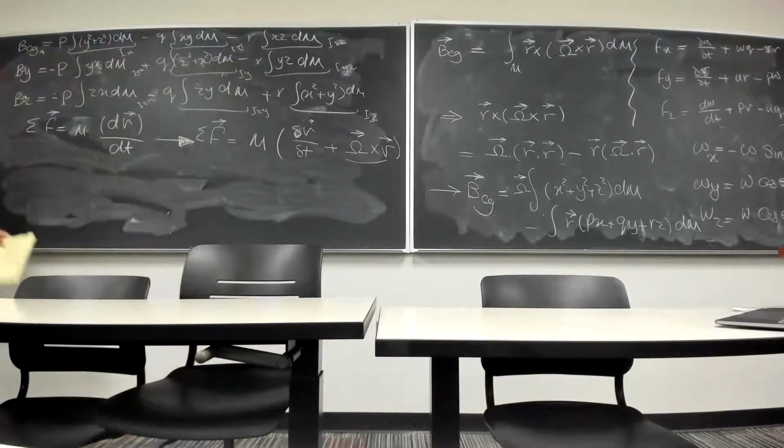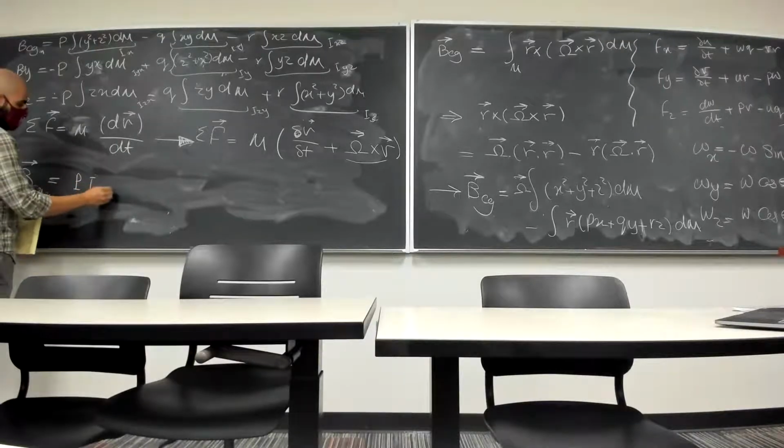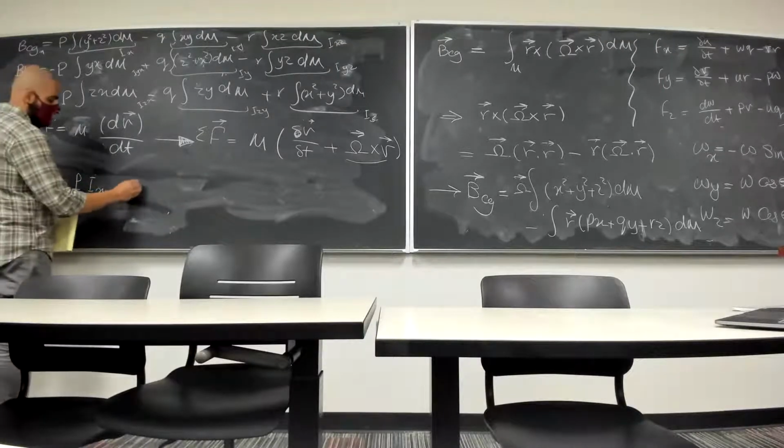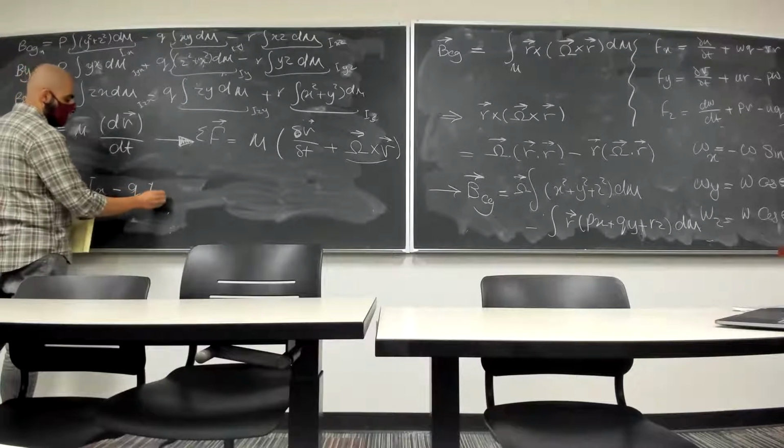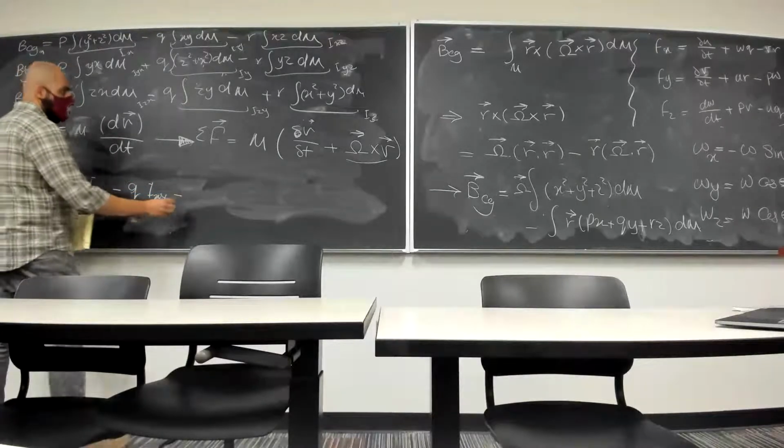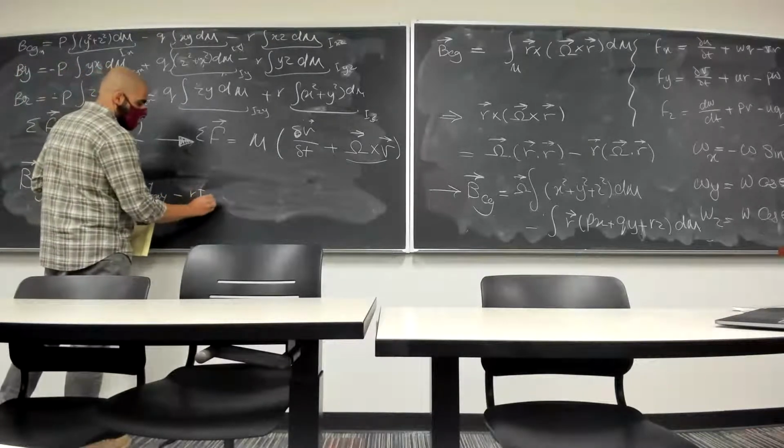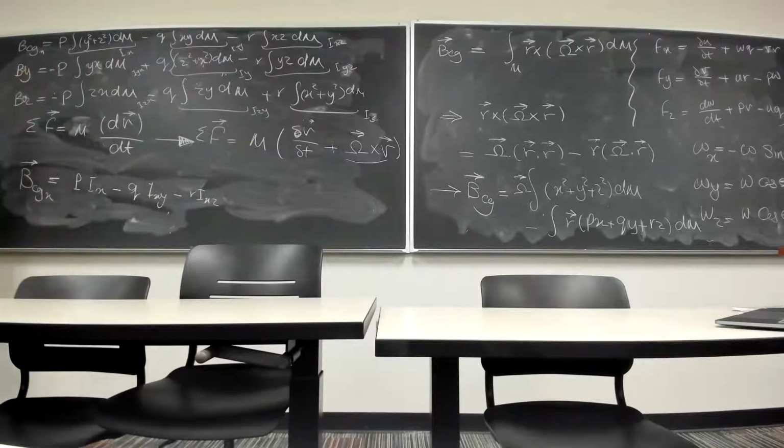Okay, so we're essentially going to have BCG of x is equal to P Ix minus Q Ixy minus R Ixz. We can write this for the rest of them as well.